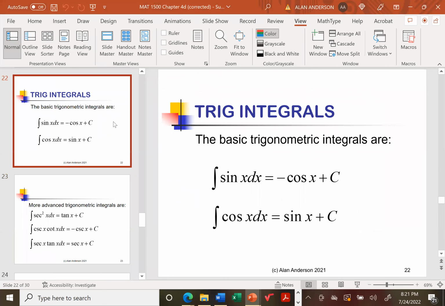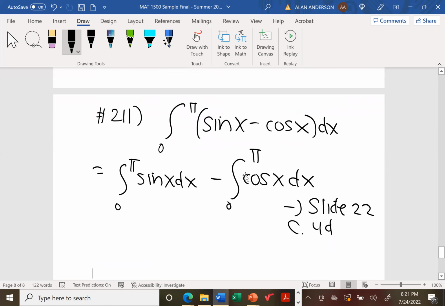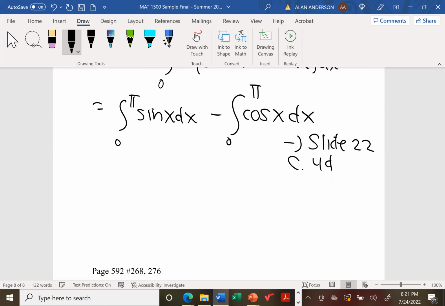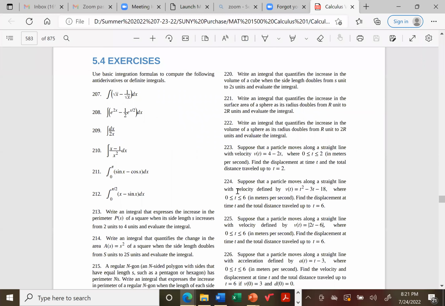but we have these two. Just a quick reminder. The integral of sine x is cosine x. So we're going to evaluate that from 0 to pi. Now the integral of cosine x is negative sine x.